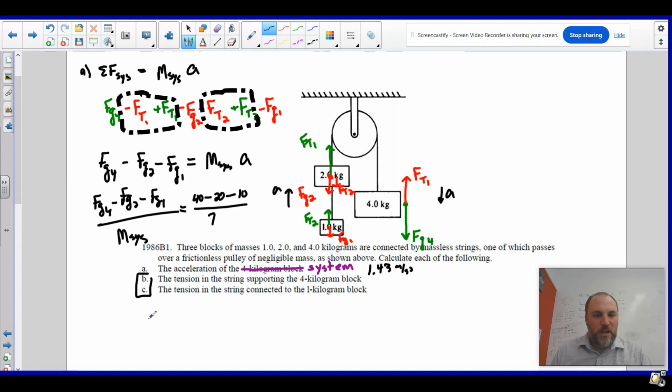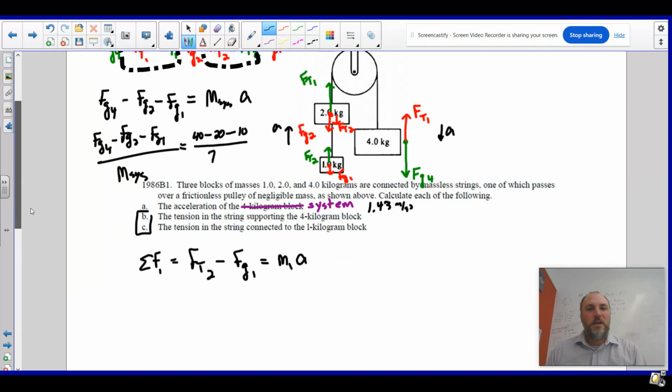The way that I'll do that is I will sum the forces on the 1 kilogram. That would be equal to Ft2 minus Fg of the 1 kilogram, and that should be equal to the mass of the 1 kilogram times acceleration. Now, the nice thing about having the system acceleration is I know that each of the blocks has the exact same acceleration as well.